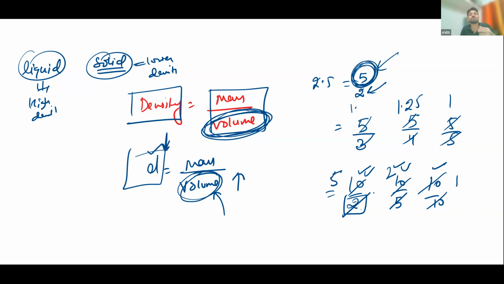As a result of which, due to decreased density, this ice is able to float. So let me show you how it is floating. Let me show you, just wait. You have seen this one also.